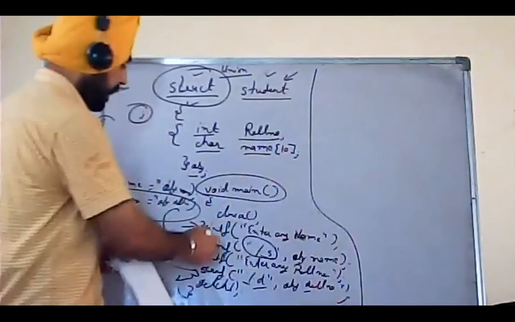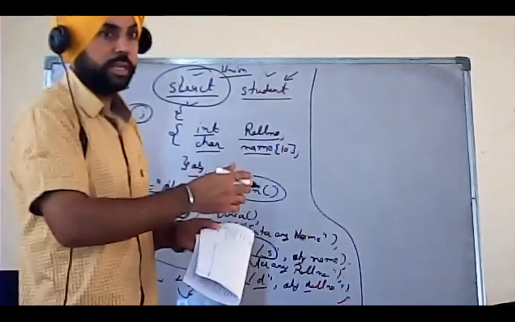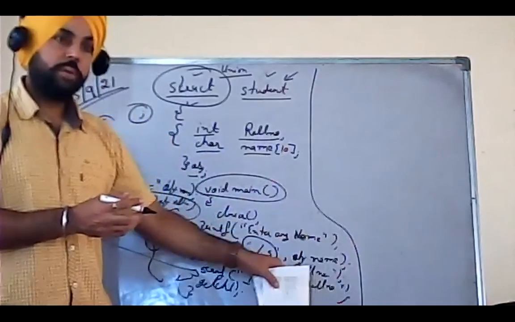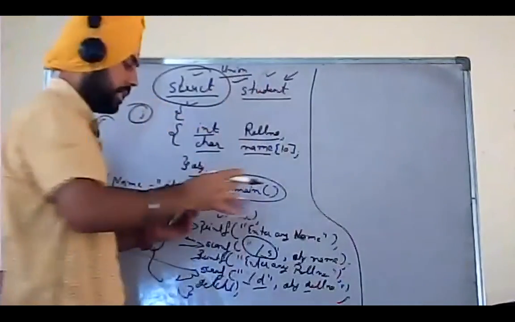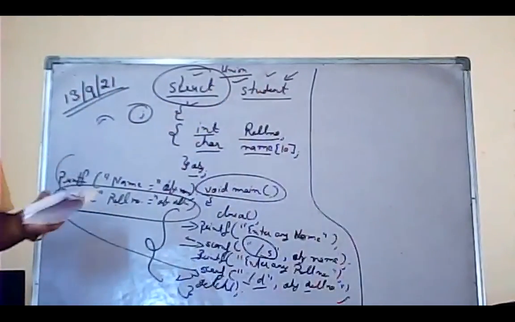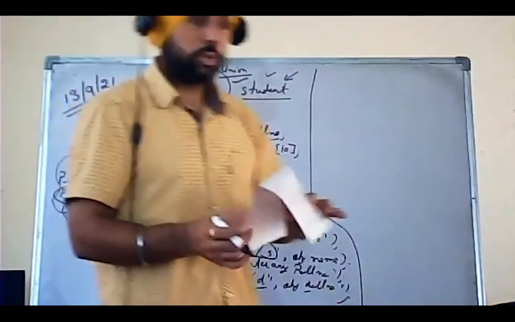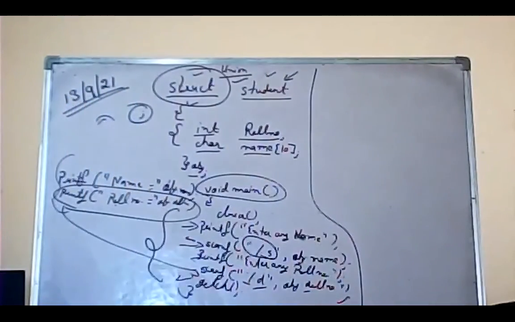It will take enter any name, and you enter the name. Then it will take the input for roll number, but it will only show the output of your last member. Only the last output will be displayed in the case of union. So this is the basic structure of the C programming language.